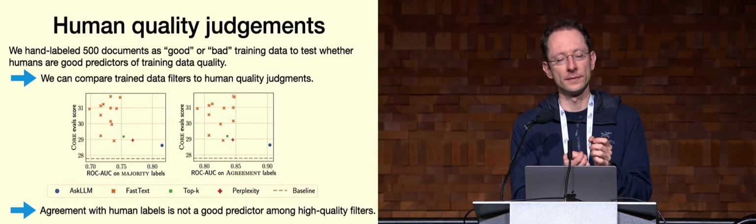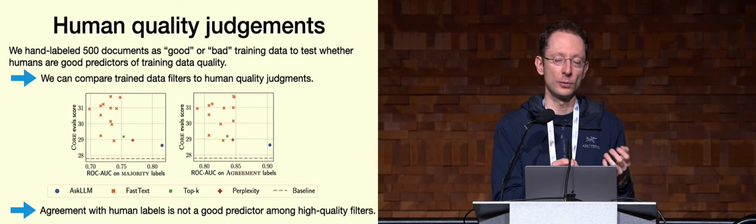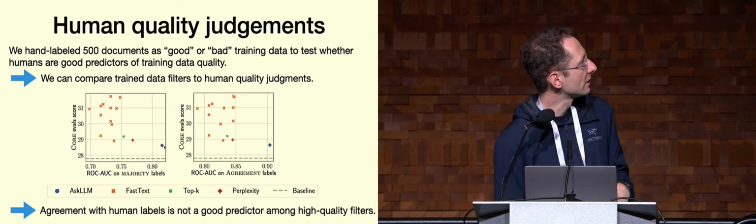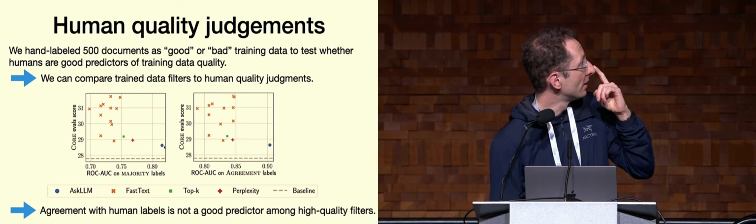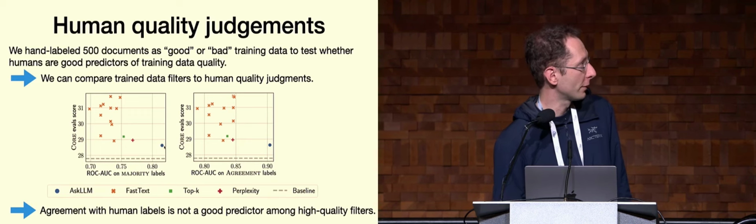And then we looked at whether the human quality judgments correspond to the performance of the models you get from training on the respective data. This is what these plots here are. Here's the ROC AUC, area under the curve, on the maturity labels, and the y-axis is the performance you get for training a model.